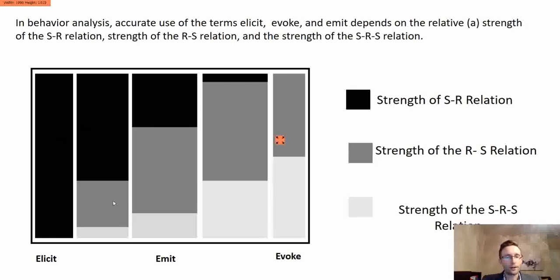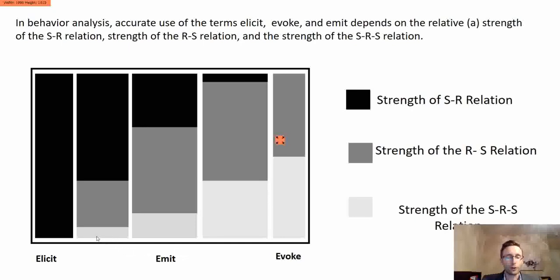And notice that the proportion of the column that's filled with dark gray, indicative of the strength of the RS relation, is increasing across the diagram. Right? So what that means is that as antecedent stimuli exert less control of the behavior and consequences exert more control over the behavior, we will start to use the word emit to refer to the occurrence of the behavior.